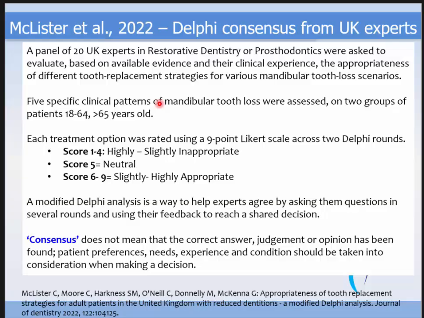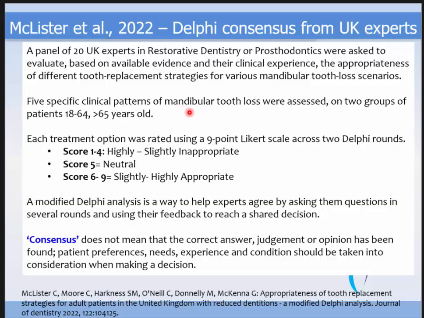In each clinical pattern, they provide I think 9 to 10 treatment options: no intervention, acrylic RPD, metal-based RPD, RPD with precision attachment, then RBB, conventional cantilever bridge, and then an implant-supported crown, implant-supported bridge, and implant-supported dentures.